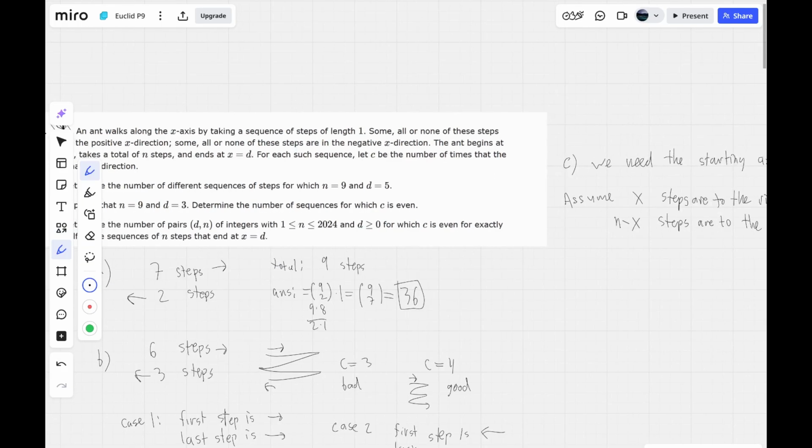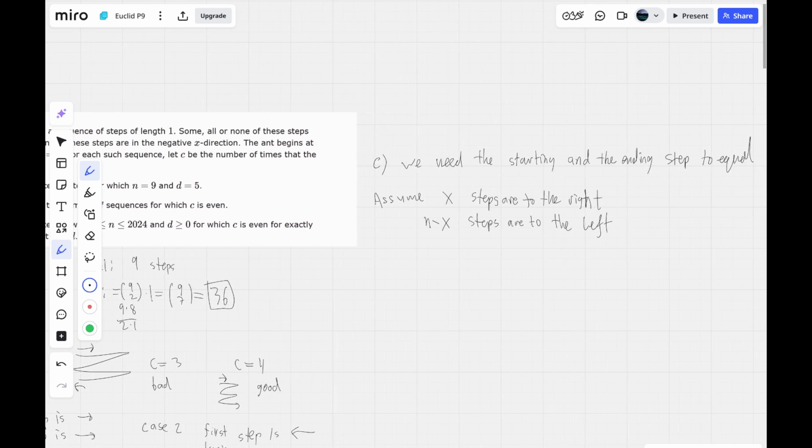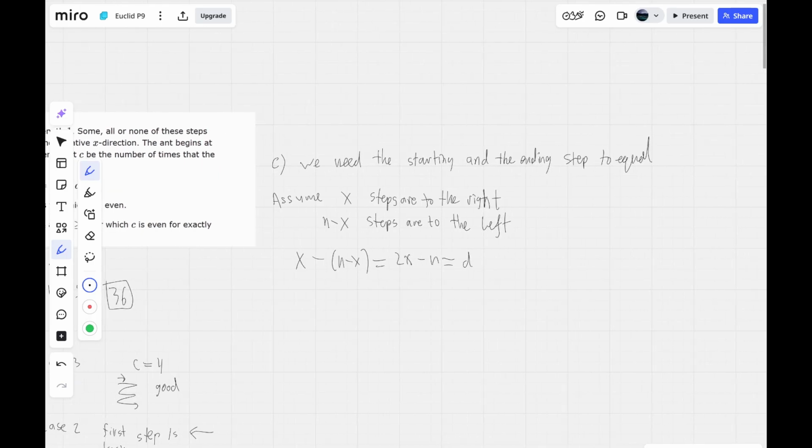And the ant must end at X equals D, right? So the total distance covered by the ant is X steps to the right minus N minus X, because that's how many steps are to the left. Each step to the left subtracts 1, so you subtract by N minus X. That is equal to 2X minus N. That's the total distance you have covered, so that is equal to D. And that means that 2X minus D is equal to N. Right?